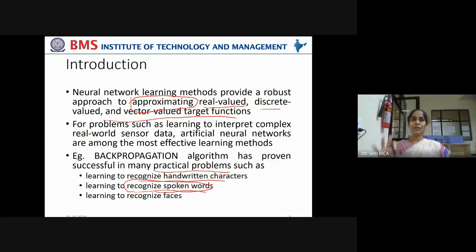Each and every feature of the human face has to be first detected as attributes, and then it has to be trained on many such faces, and only then will it be able to recognize faces, right? So lots of training data should be available. When there is lots of training data and sufficient complexity in training the model, then artificial neural networks are the most suitable networks to be trained on.